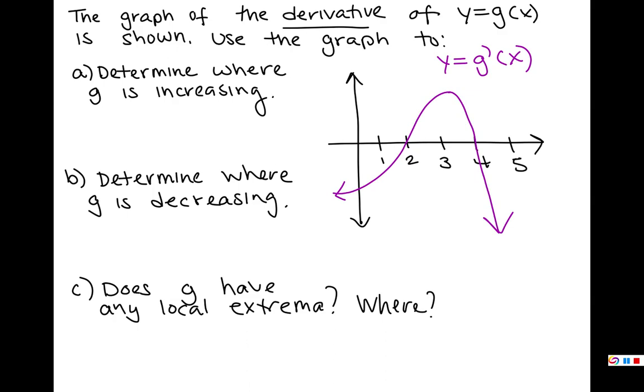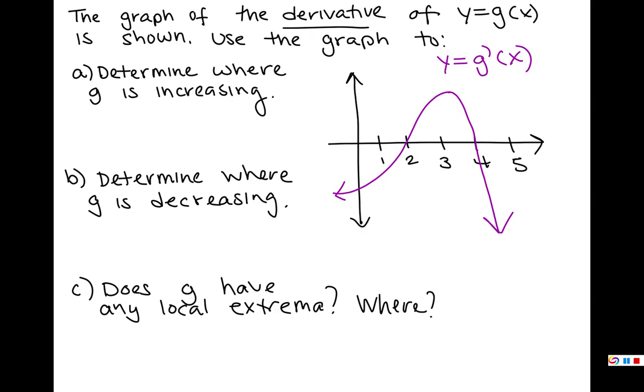The slopes are all graphed. Based on the graph of the derivative, we are going to try to determine where the original function g is increasing and where the original function is decreasing. And then we'll answer the question, does that function have any local maxes or mins?